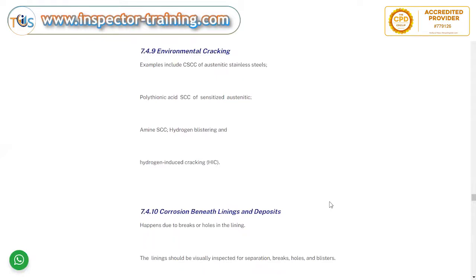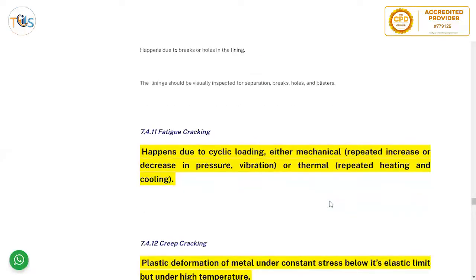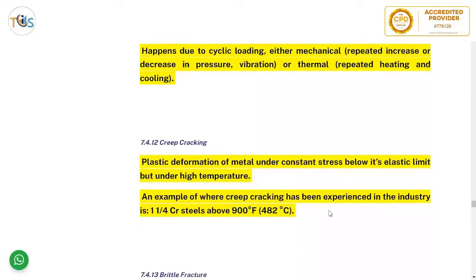So, polythionic acid stress corrosion is for sensitized steel, and chloride stress corrosion is for austenitic stainless steel. Corrosion beneath linings and deposits happens due to breaks or holes in the lining. Lining should be visually inspected for separation, breaks, holes, and blisters.